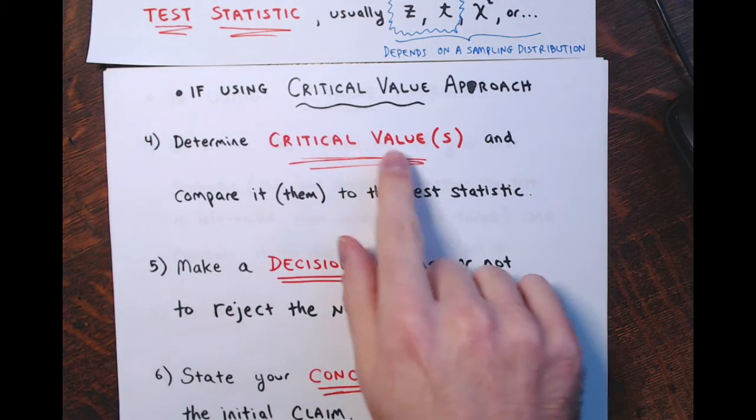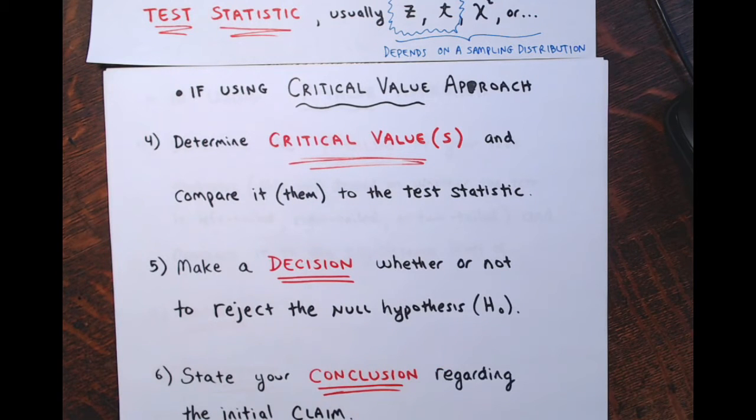These will depend on whether you have a left-tailed, right-tailed, or two-tailed test. What kind of test you have, we'll talk about in another video. This is just a basic synopsis of the 6 steps. This is not going that deep into it.